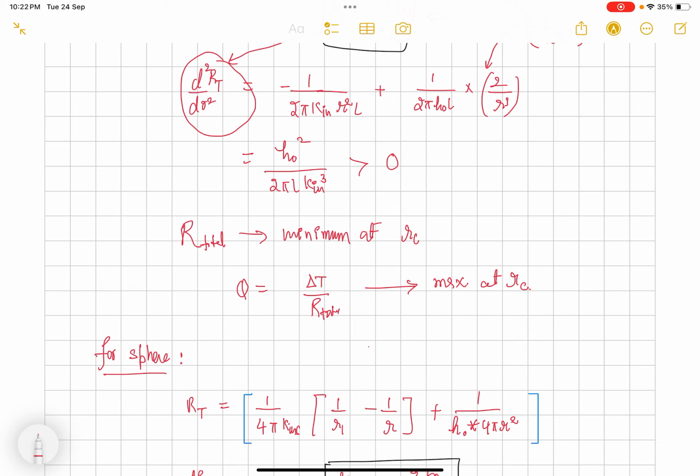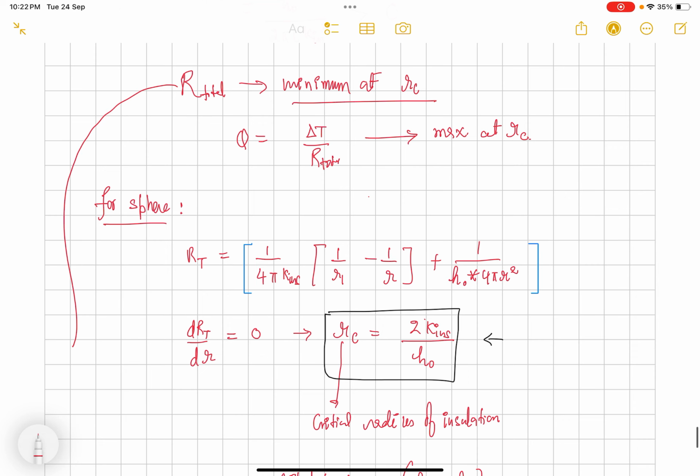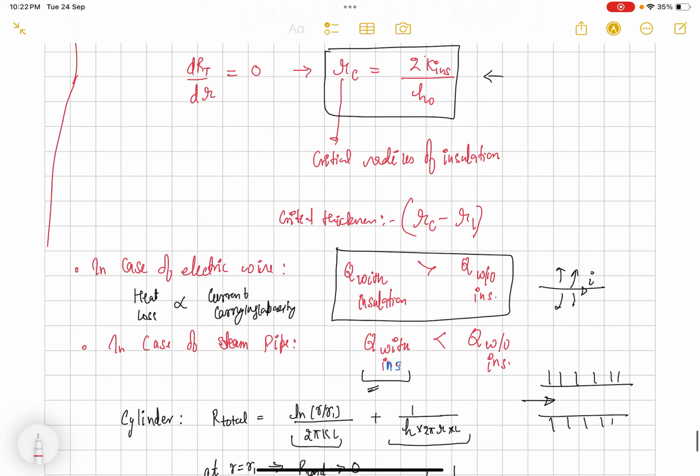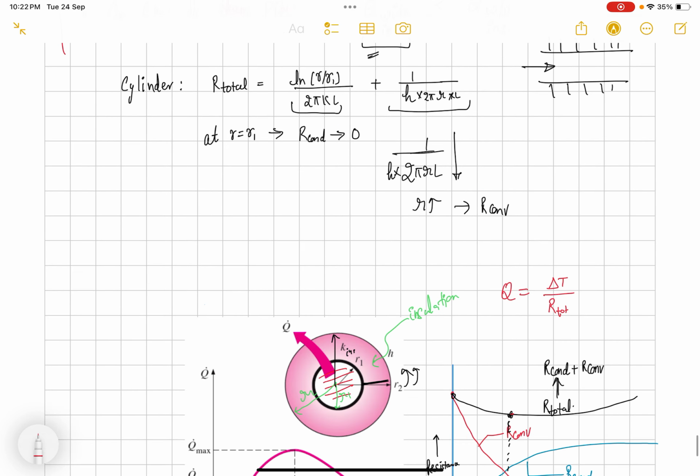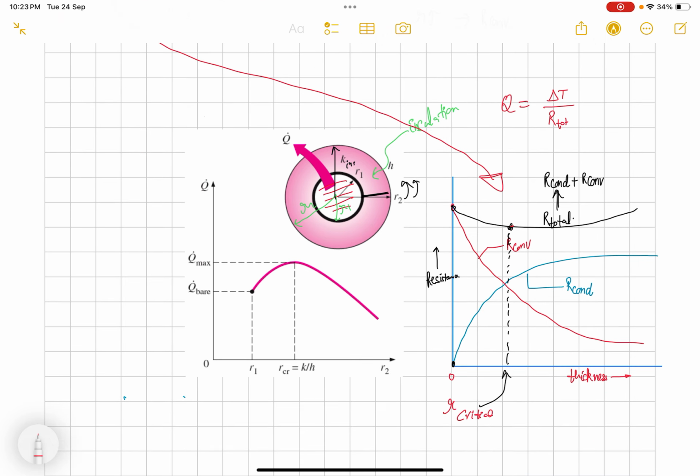It means total resistance is minimum at critical radius, and this is depicted in the graph here also, right? This graph also shows the same phenomenon. So if total resistance is minimum, heat loss will be maximum, which is depicted by this graph. I hope you understand it.